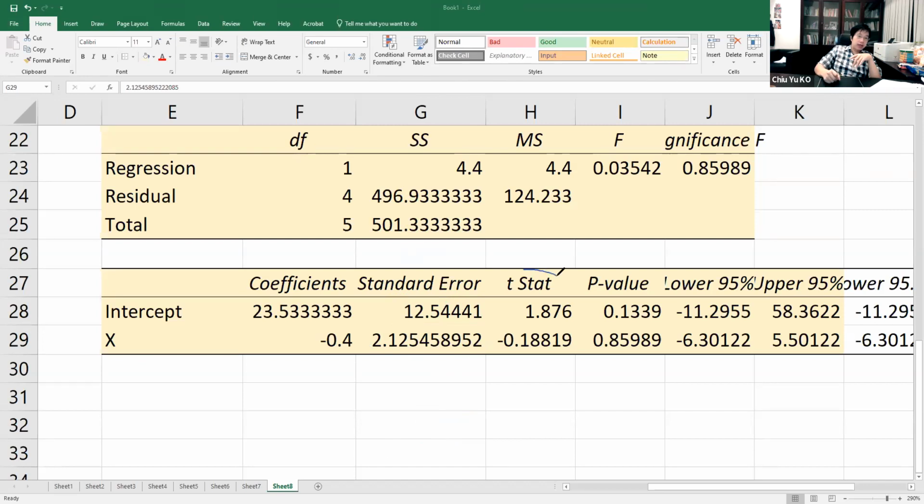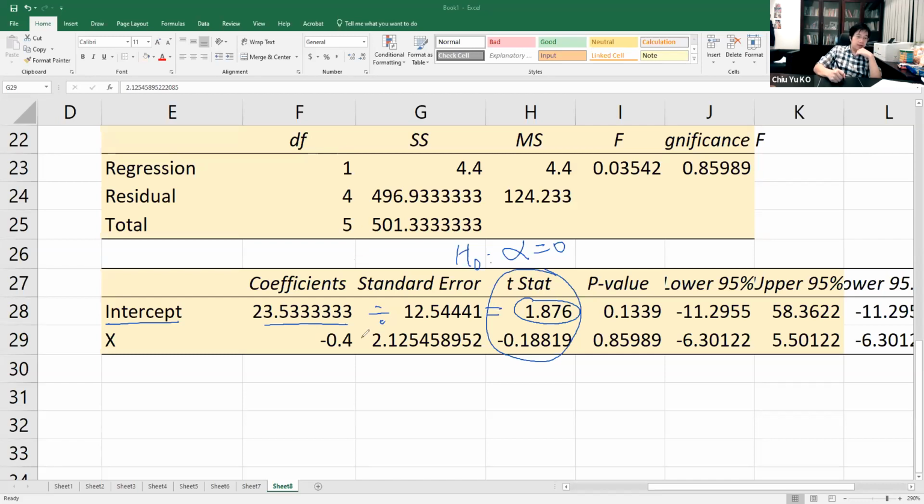So what is the t stat here? The t stat comes from the idea where, say, the intercept alpha equal to 0, it is testing this hypothesis. So if you take this and divide by this, you should get this number.